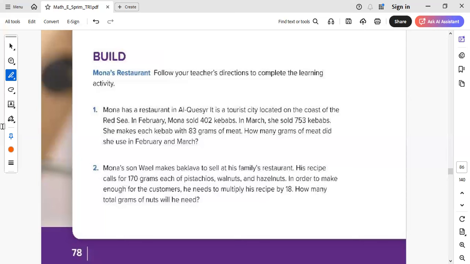In February, Mona sold 402 kebabs, and in March she sold 753 kebabs. She makes each kebab with 83 grams of meat. How many grams of meat did she use in February and March?